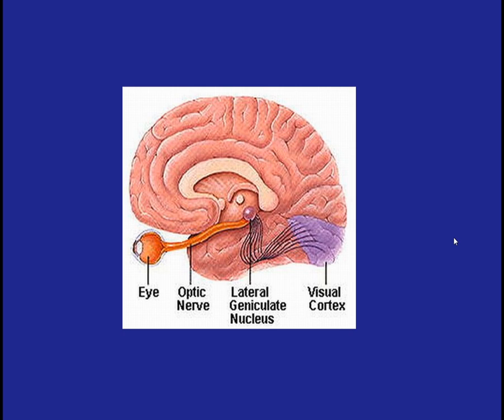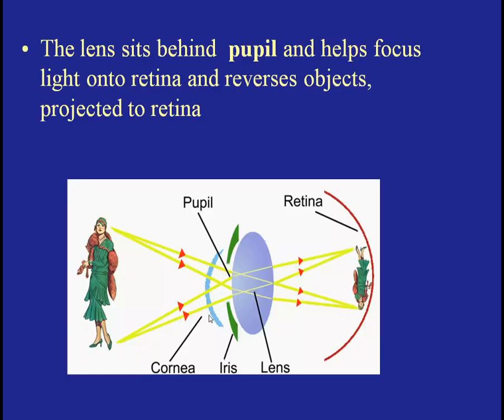Okay, and for appreciation of the pathology, we are to revise the anatomy of the optic nerve and subcortical and cortical centers of vision. The lens sits behind the pupil and helps focus light onto the retina and reverses objects projected to the retina.